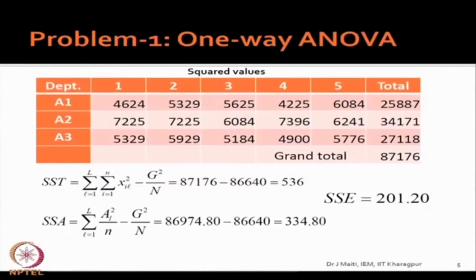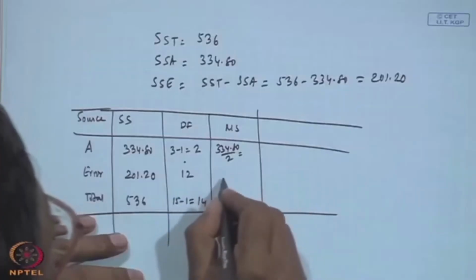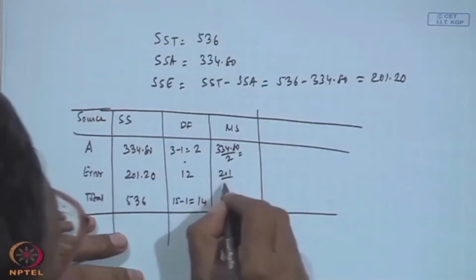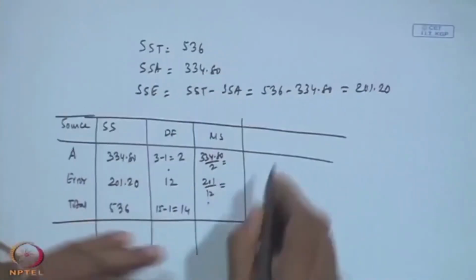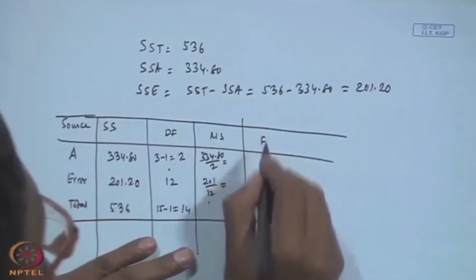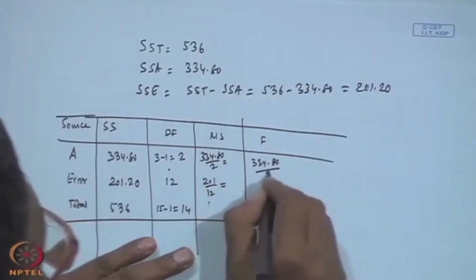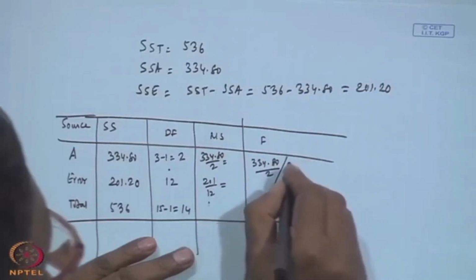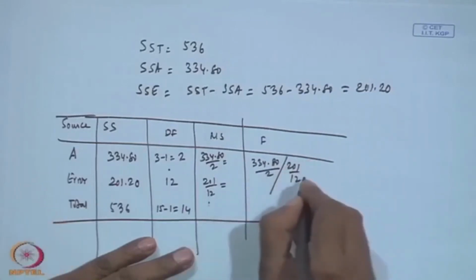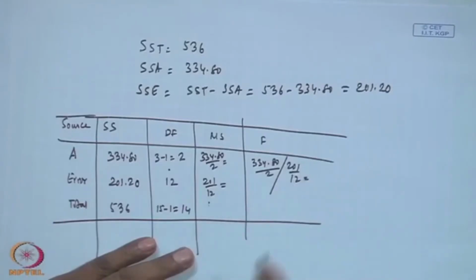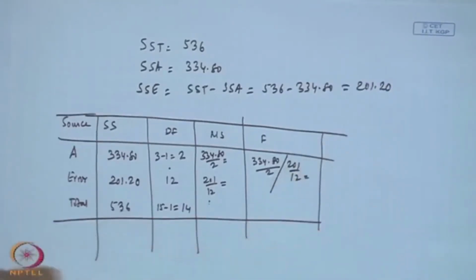Okay. So SST is 530, SSA is 330.80 by 2, you write down, then 201 by 12, and then you write down that F statistic. F will be 334.80 by 2 divided by 201 by 12, some value will come, that you have already seen.